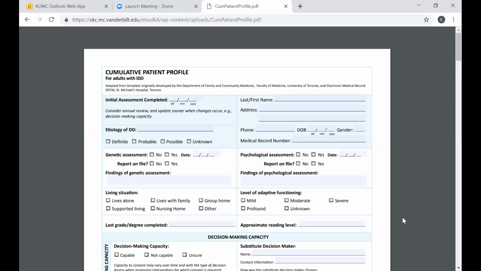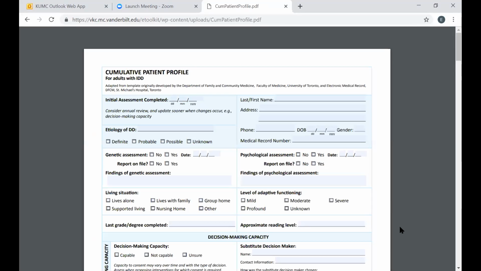We have a transition form that those patients complete so that we can get all their medical history, what hormones they were on, all that sort of stuff, all in one piece of paper that we can review with them in clinic and then keep in the chart. This is something very similar to that.